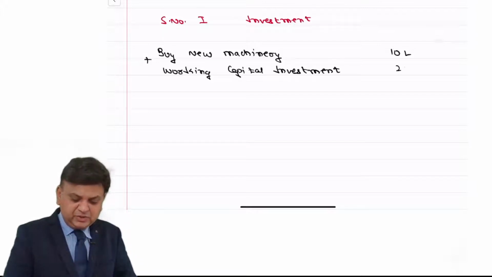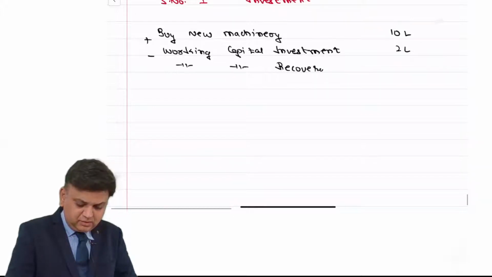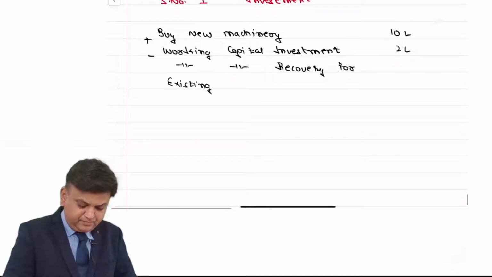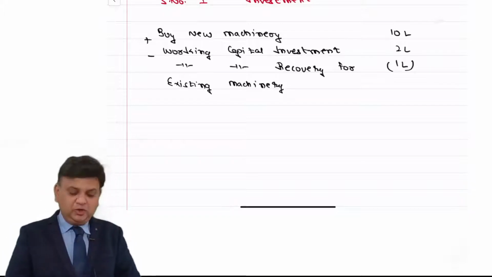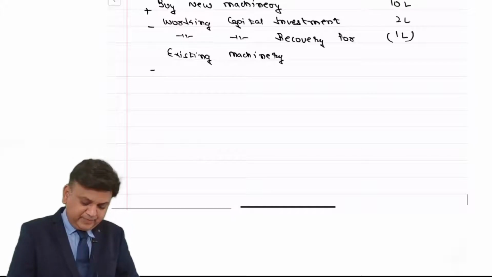Working capital investment is 2 lakhs, less working capital recovery for existing machinery. It is an amount of 1 lakh. So to that extent you have to make less investment, so it will be shown with the negative sign. Less: sale of existing machinery.